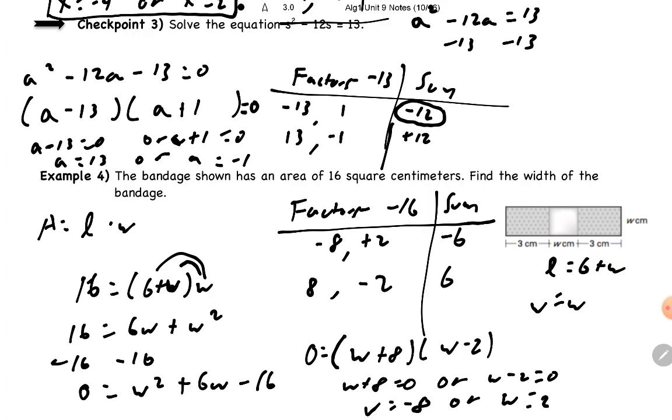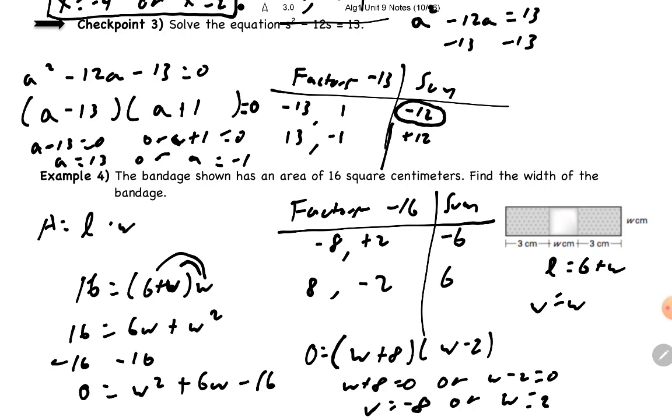Now we have two answers here, and one of them is wrong because we have context. We're talking about a bandage with an area with length and width. Length and width cannot be negative. It's always positive.